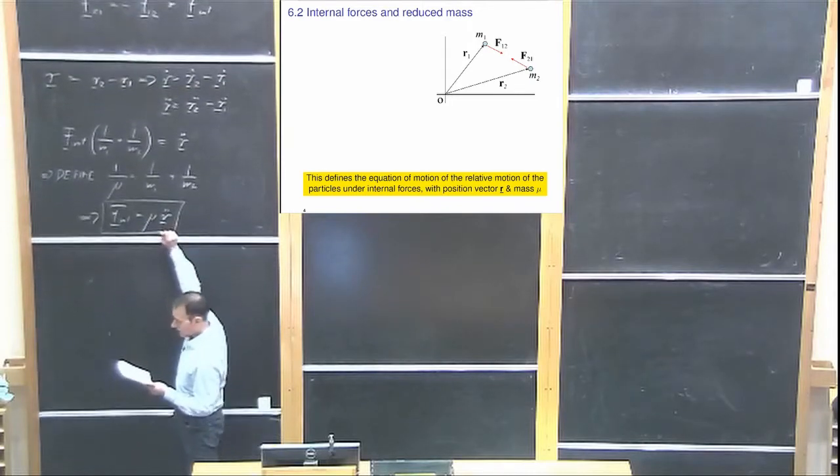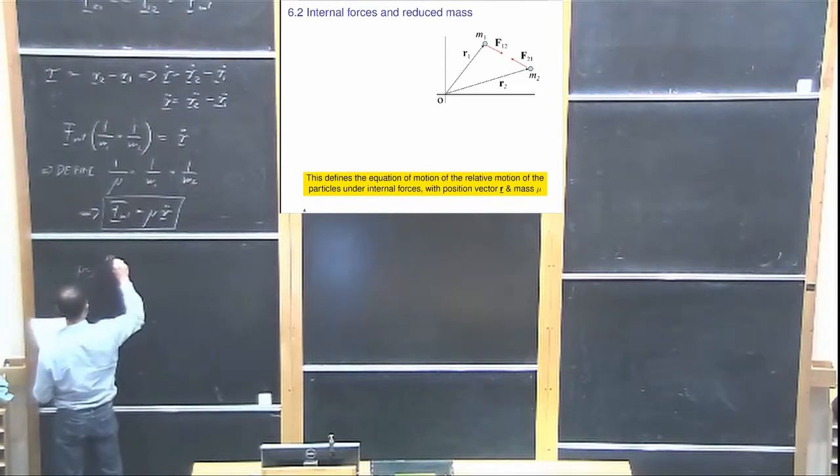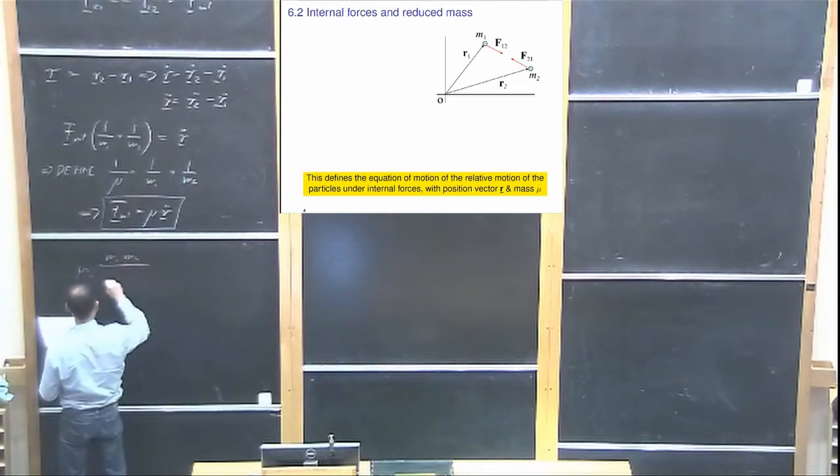And mu can, of course, be rewritten as m1 m2 over m1 plus m2.